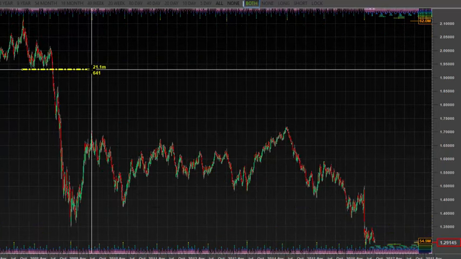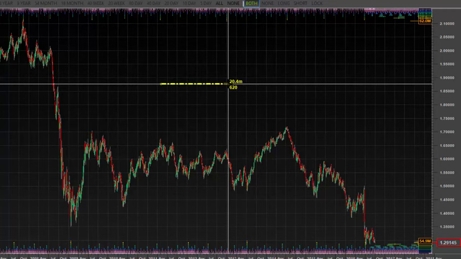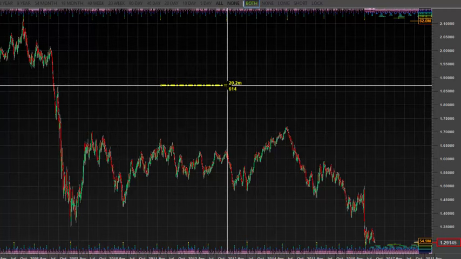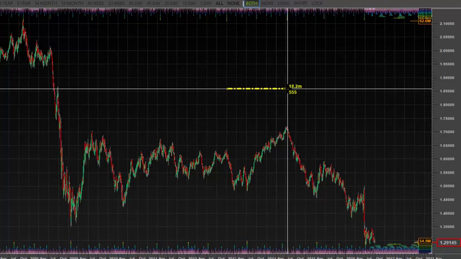You'll see that the first big peak there is at 21.1 months, and if I measure the next big peak, it's also 20.8 months, and if I measure the next peak, which is over there, that's about 20.2 months, and another one over here, that's 18.3 months. So out of those 4 cycles, 3 of them were over 20 months in length, and one of them was 18 months in length.